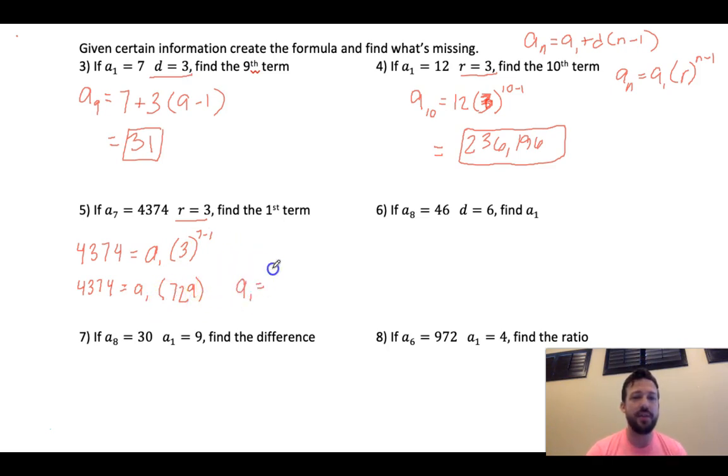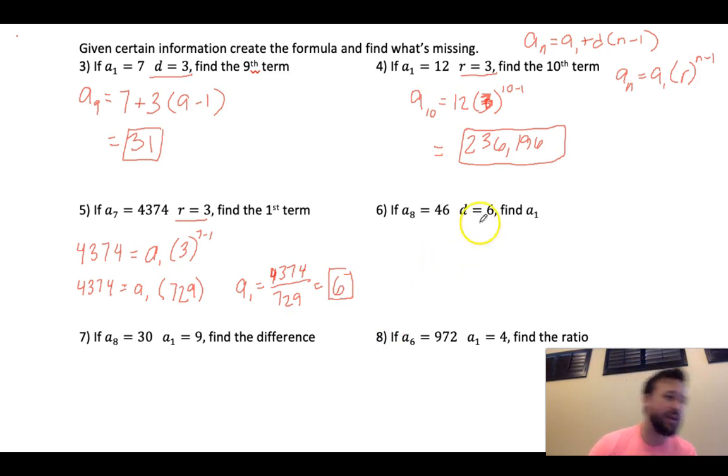So A1 is going to be 4374 divided by 729. That gives us 6. So our first term is 6. Cool?